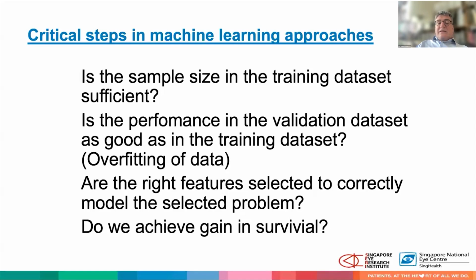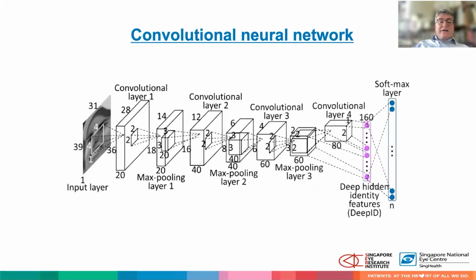This is another critical thing that is also usually related to the number of data, because you can have overfitting of data where the CNN performs well in the training, but not in the validation data sets. Then, are the right features selected to correctly model the selected problem? And do we really achieve gain in the survival?